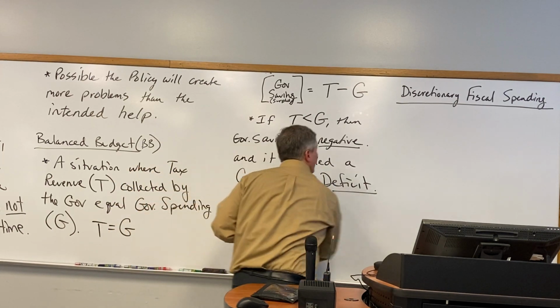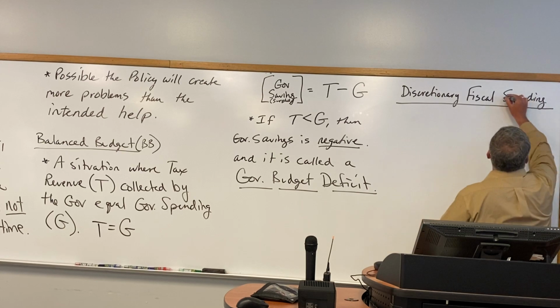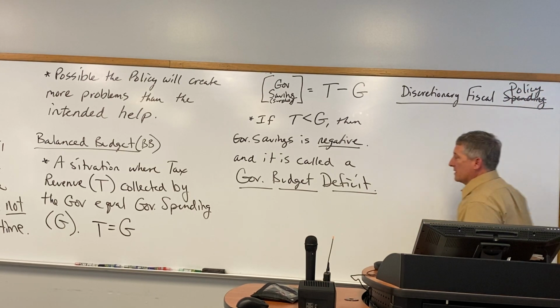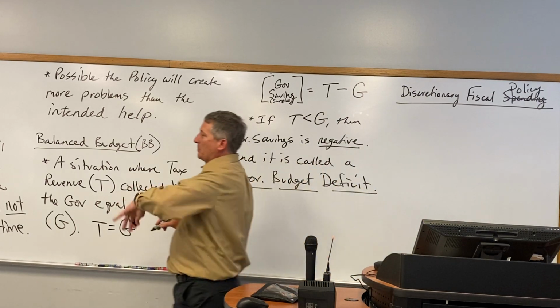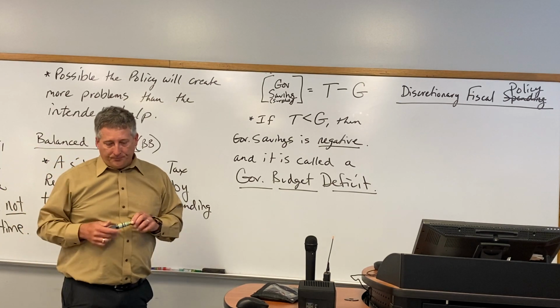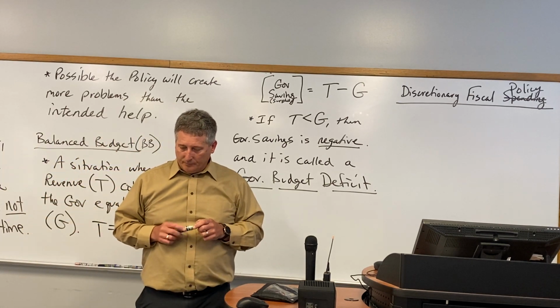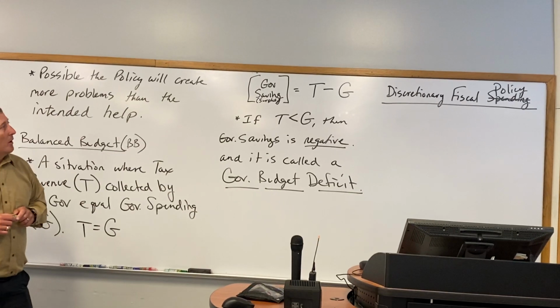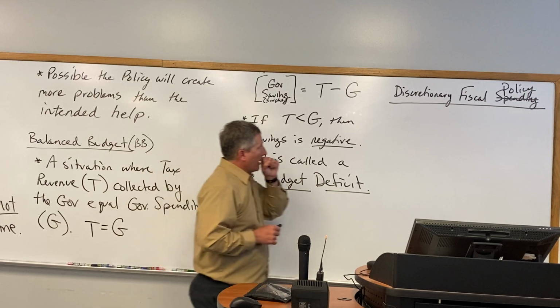And actually, scratch that. I meant to put policy rather than spending, because this applies to taxes and it applies to money, not just spending. All right, so discretionary fiscal policy.